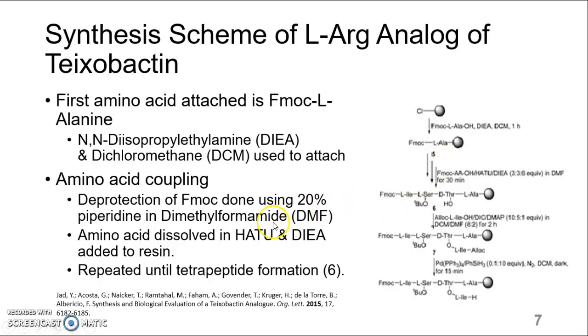And so D-threonine is dissolved in HATU and DIEA. After the FMOC is removed, we add the mixture to the resin, and we shake it, and there we go. We have the amino acids coupled.